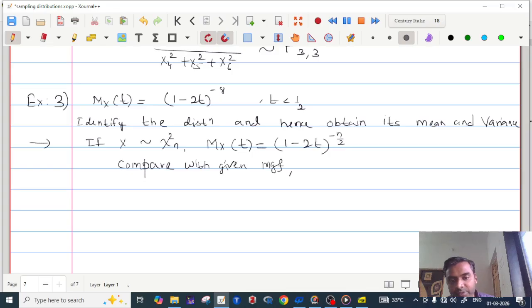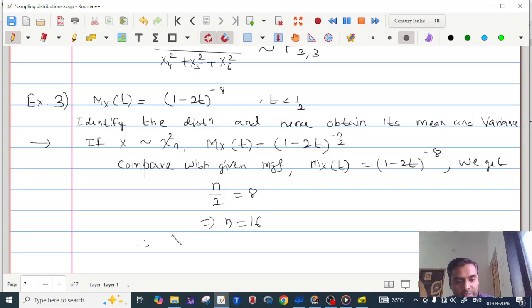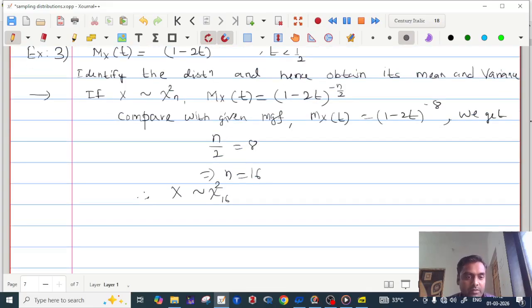By comparing, we get n upon 2 equals 8. This implies n is 16. Therefore, X follows chi-square with 16 degrees of freedom. Its mean is n, which equals 16. Its variance is 2n, which is 32.